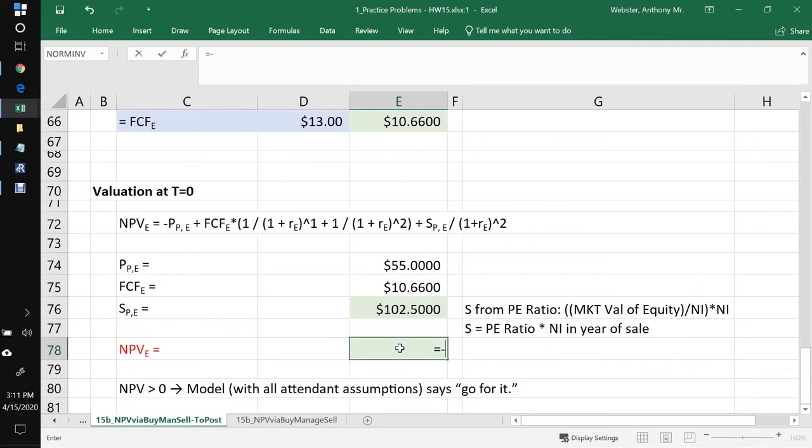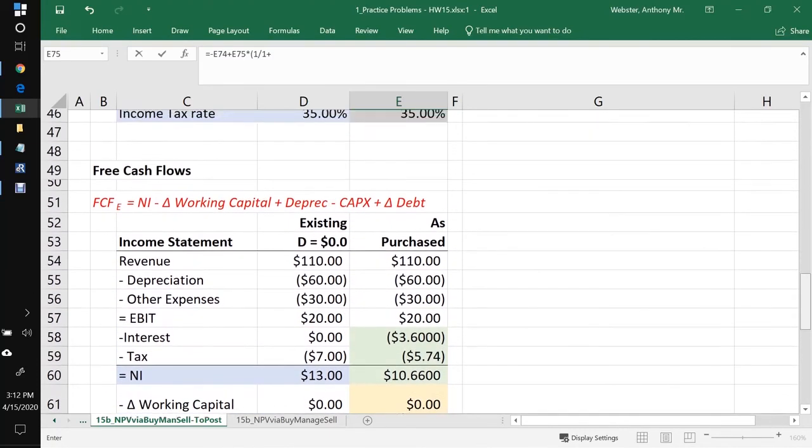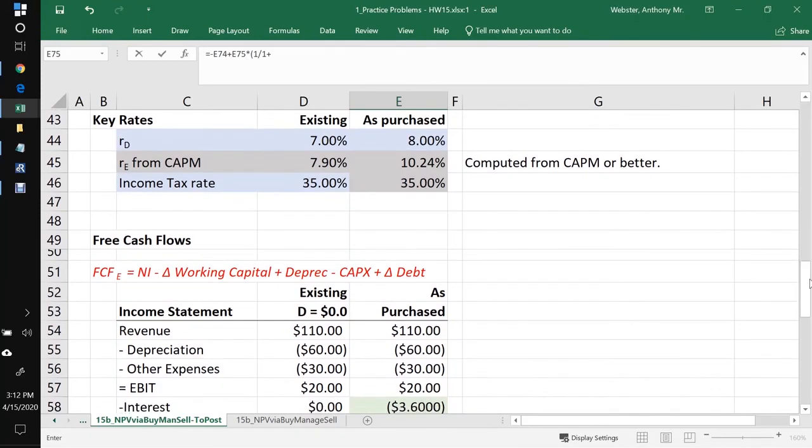So we're going to start with minus the amount we paid for the firm, and then we're going to get plus, let's take this free cash flow, we're going to get 2 of those times 1 over 1 plus, and I want to use my equity cost of capital here. I want to be sure to use the as-purchased version, because we're managing a levered firm.